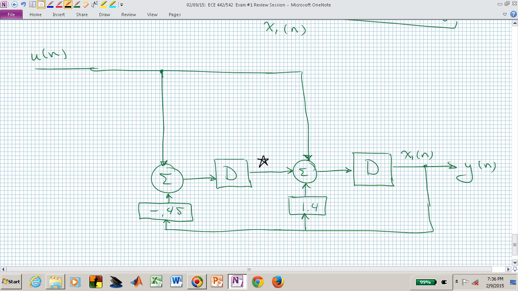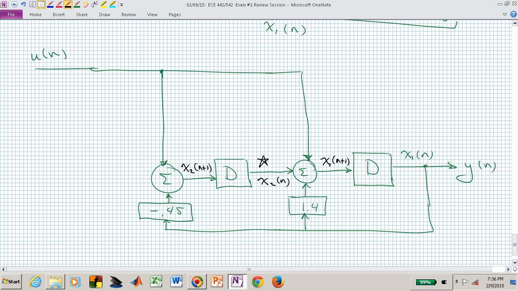And how do I label the outputs of my delay blocks? As state variables. Meaning this particular point is now x sub 1 of n plus 1, and this is x sub 2 of n plus 1. The nice thing in this is that y of n is the same as x1 of n, and I can now quickly write down my state space representation.